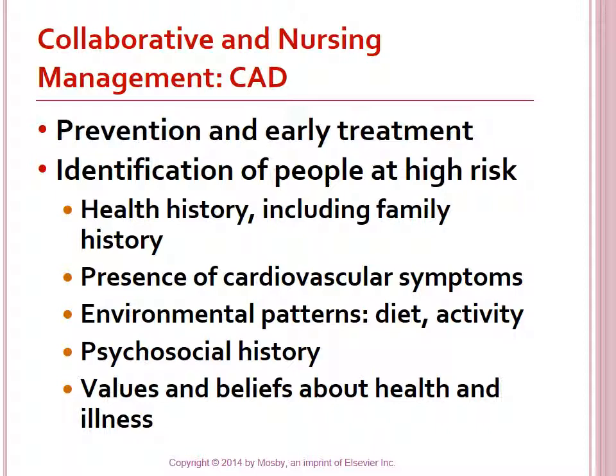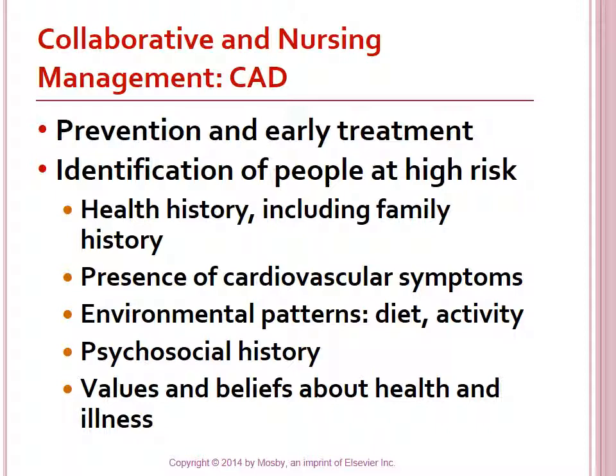Include a psychosocial history to determine tobacco use, alcohol ingestion, recent stressful events, so for an example like a loss of a spouse, and the presence of any negative psychologic states. Some examples include anxiety, depression, or anger.